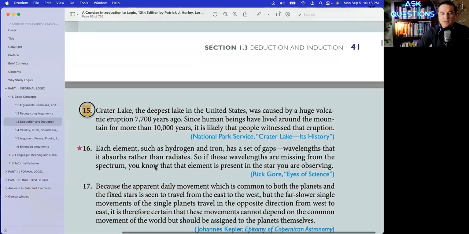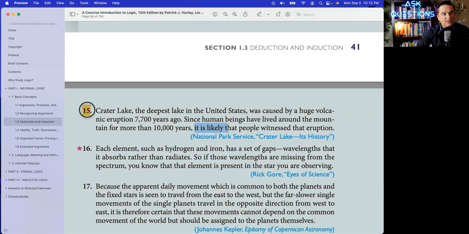Okay, and this last one. Crater Lake, the deepest lake in the United States, was caused by a huge volcanic eruption 7,700 years ago. Since human beings have lived around the mountain for more than 10,000 years, it is likely that people witnessed that eruption. So it is likely is a clue that this is inductive.